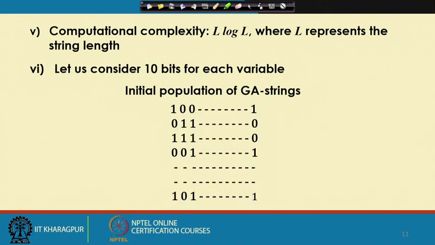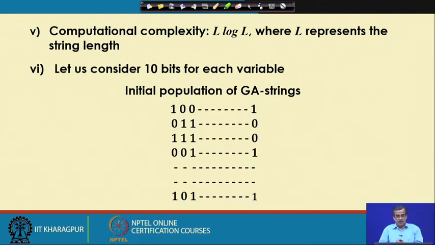Now, let us assume that we use 10 bits to represent each variable, and here there are two variables x 1 and x 2. So, to represent a particular solution, I need 10 plus 10, 20 bits. Now, let us consider the initial population of the GA, which is generated at random.